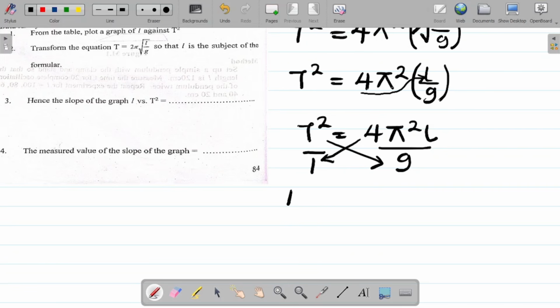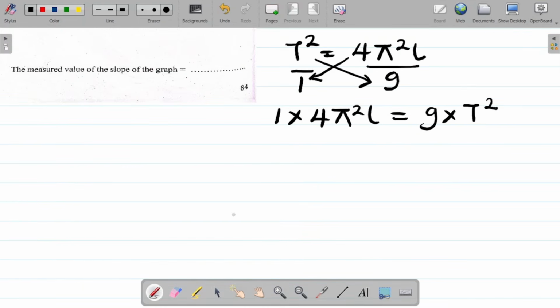So it becomes 1 times 4 pi squared L is equal to G times T squared. Of course, 1 times this is itself. So I'll have that 4 pi squared L is equal to G T squared.